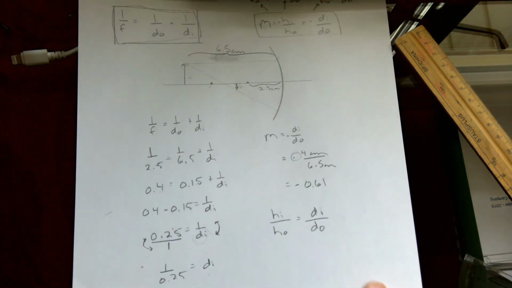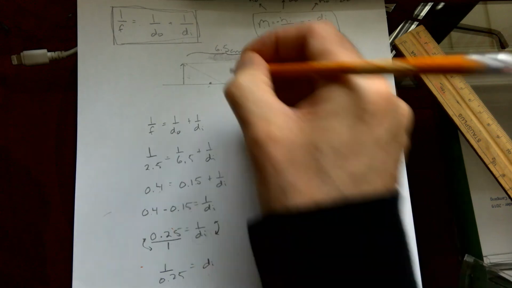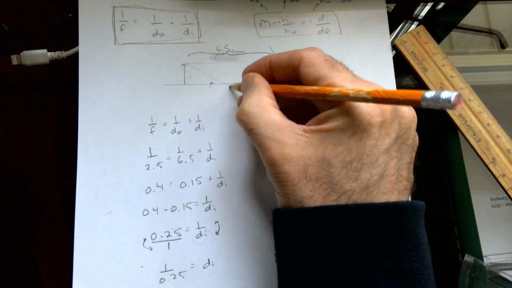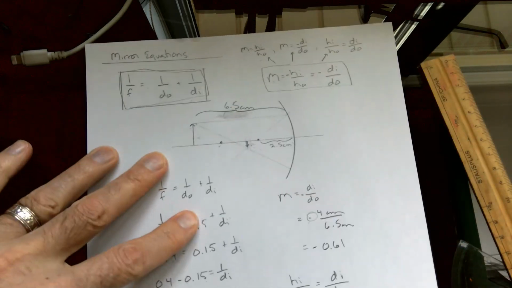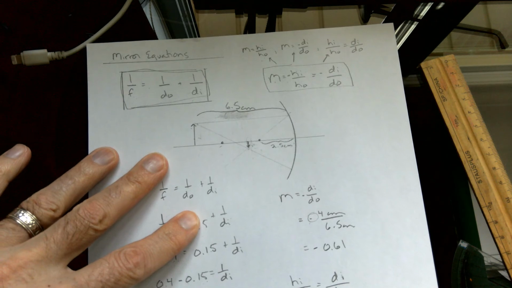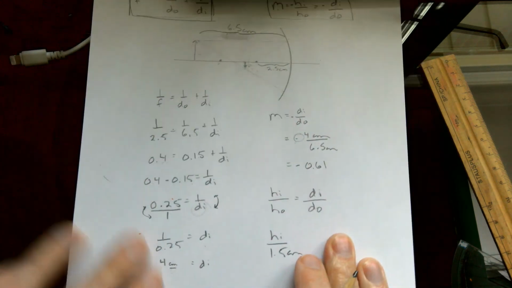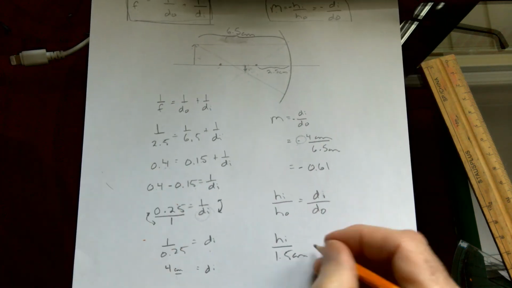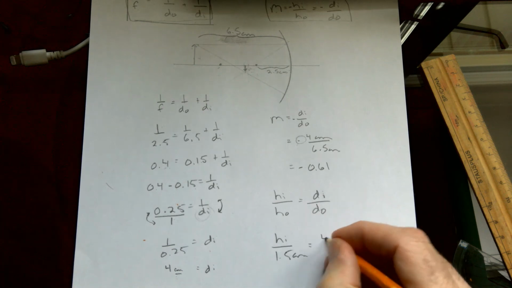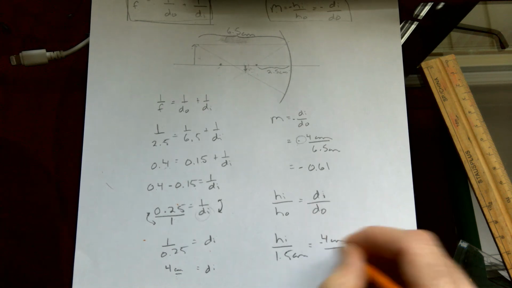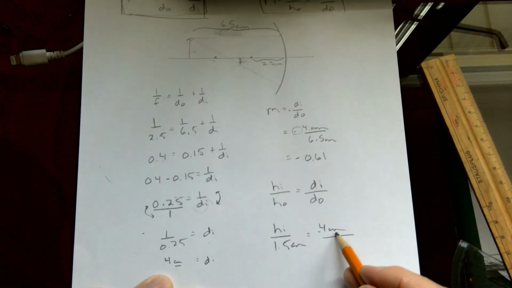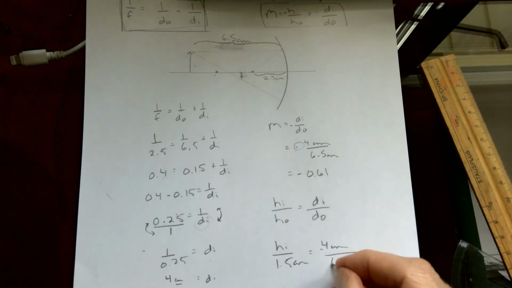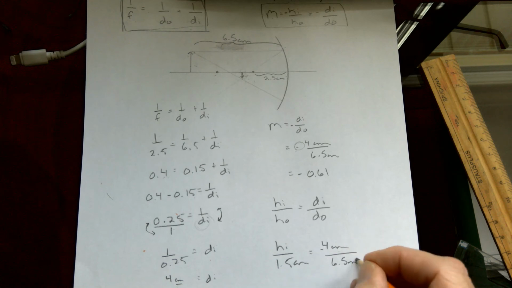So we are looking for the height of the image. So we want to know how tall this is right here. If we know the height of the object, it is about 1.5 centimeters. I just measured that. The distance of the image we said was 4 centimeters. And remember, this formula has a negative in it. And the distance of the object we said was 6.5 centimeters.